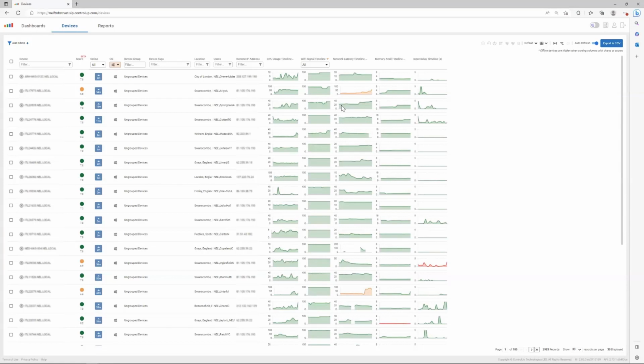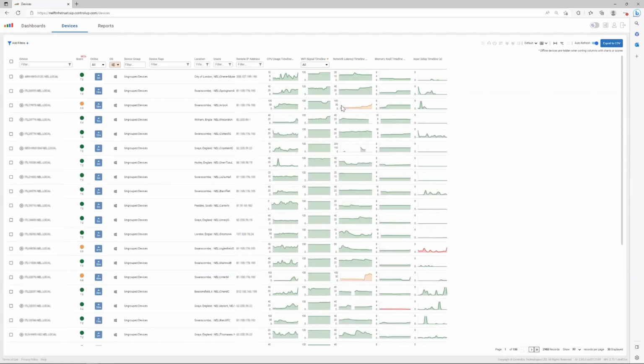Right, exactly. The frontline support guys can take a look at the Wi-Fi signal strength or network latency and get a picture of a single device.